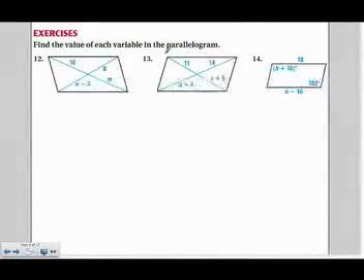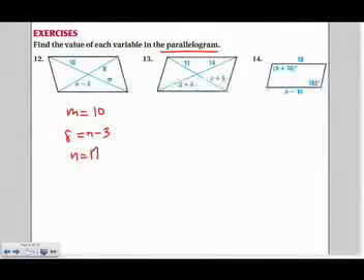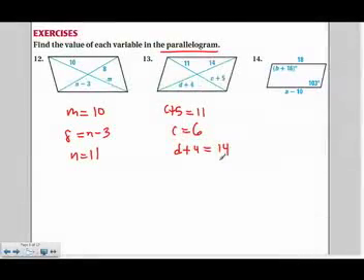Here, we're talking about parallelograms. Diagonals bisect each other. That means that m is equal to 10 and 8 is equal to n minus 3. That means that n is equal to 11. Over here we have c plus 5 is equal to 11. And that means that c is equal to 11 minus 5, which is 6. And then we have d plus 4 is equal to 14.